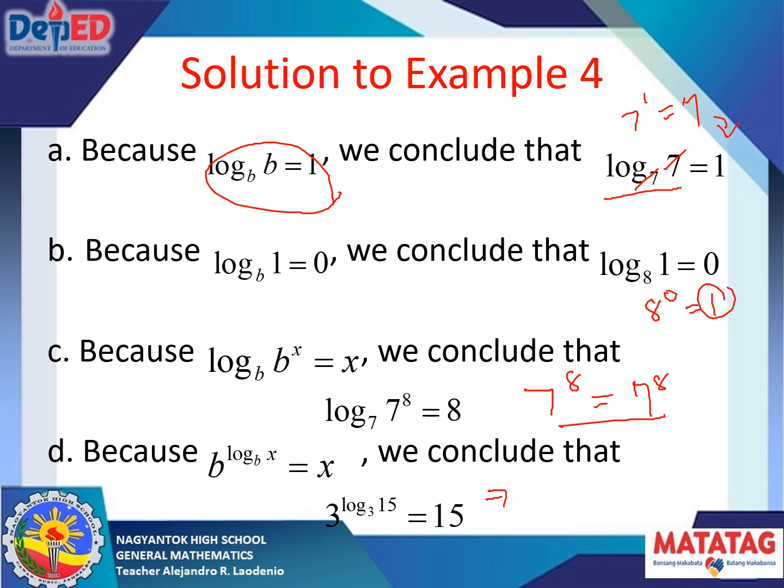If we transform that into exponential form, we have the value of the exponent, which is 15, and 3 is our base. So log of 15 to the base 3 equals 15, and that would be now 3 raised to 15 equals 3 raised to 15. So that would be now the value.